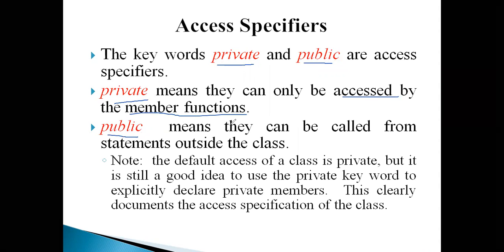Public means you can access it from outside of the class also. This is the difference between private and public access specifiers. By default, the access specifier of a class is private. But as good programming practice, you can specify the access specifier private explicitly. And this is about access specifiers.